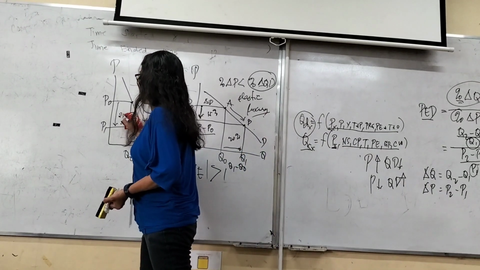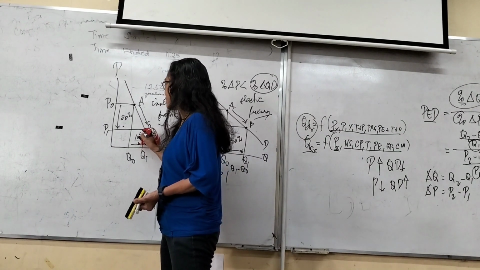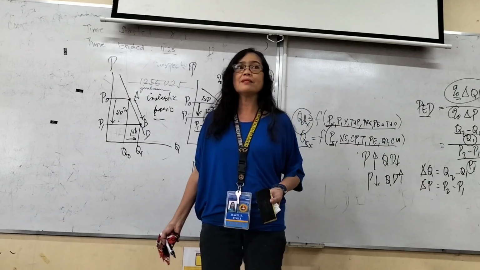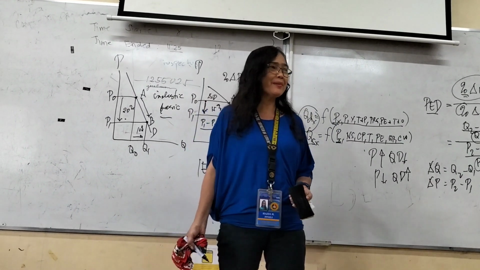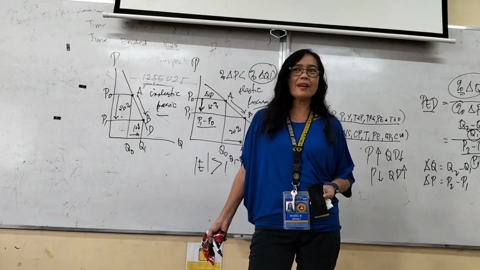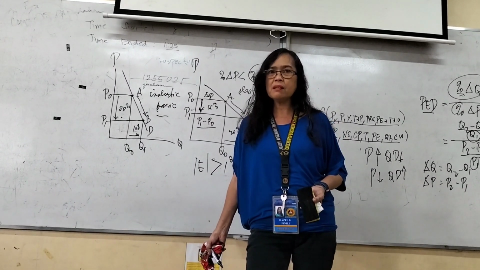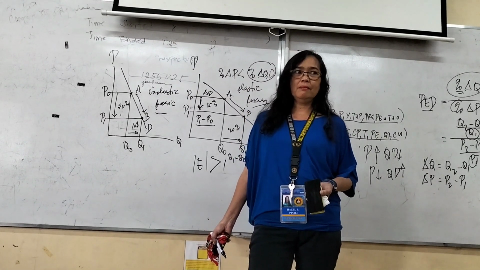Shall we say this is 20%, but the response of the buyers is only 10%. Say for instance, sugar. Sugar now has a higher price. How much is the kilo of sugar? 80? Wherein before it was only 40.